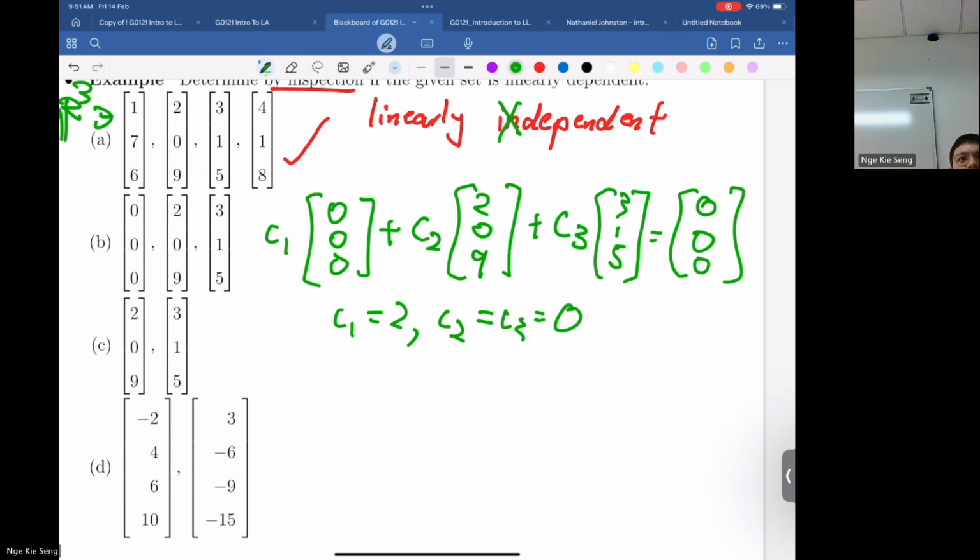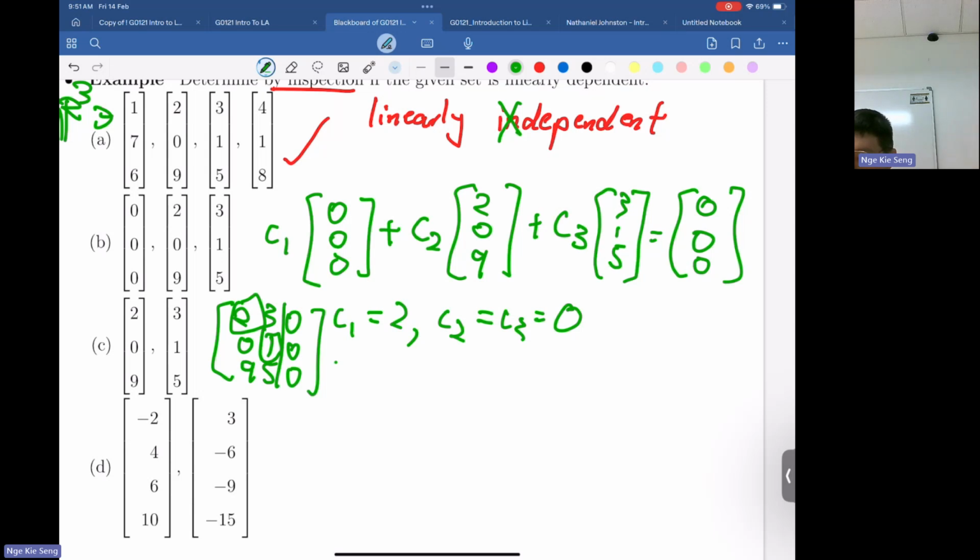How about C? I think C is linearly independent. If you set out the augmented matrix here, I guess you should find 2 pivots. Go ahead and solve it. I think this is linearly independent. Try and check it. And then the last one, I think, is pretty easy to see, right?